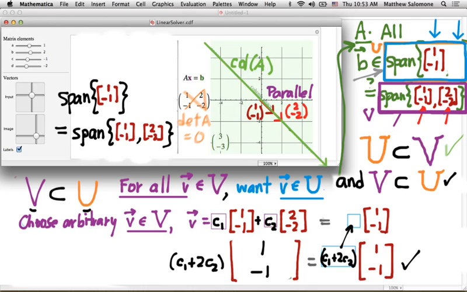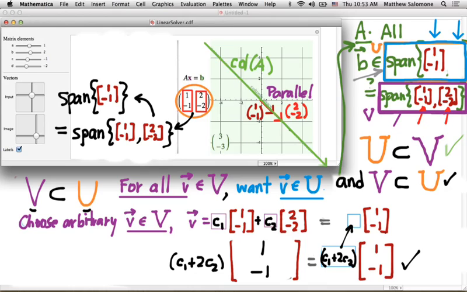So, in other words, if I'm going to describe the column space of the matrix 1, 2, negative 1, negative 2, a priori, in the beginning, what we know is that the column space is the span of this column and that column. So in the beginning, we could just say, of course, it's the span of those two columns. But it is much simpler.